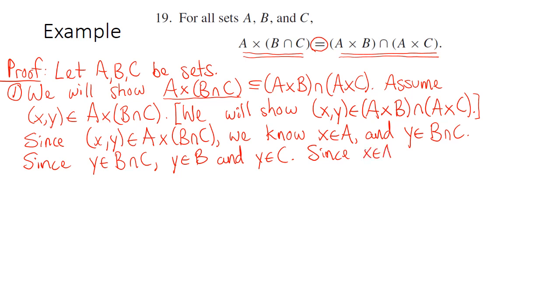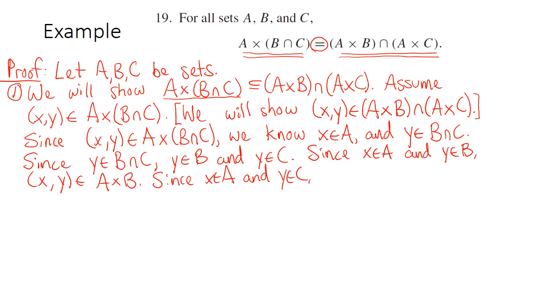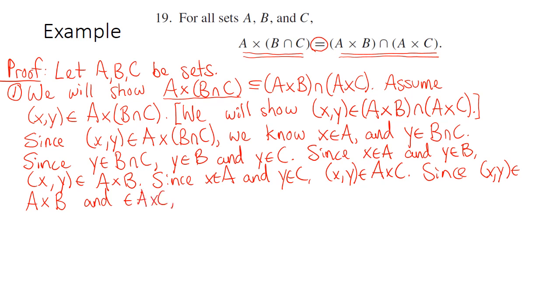So since x is in A and y is in B, that tells us that xy is in A cross B. And then furthermore, since x is in A and y is in C, that tells us that xy is in A cross C. And then finally, since xy is in both of those sets, since xy is in A cross B and in A cross C, it's in the intersection of those two sets.